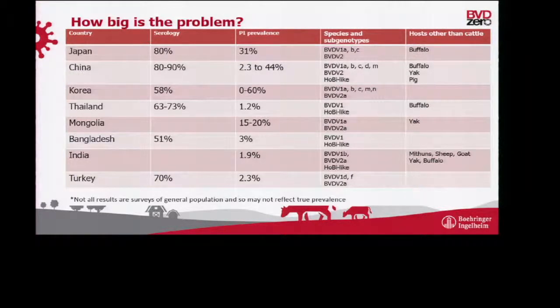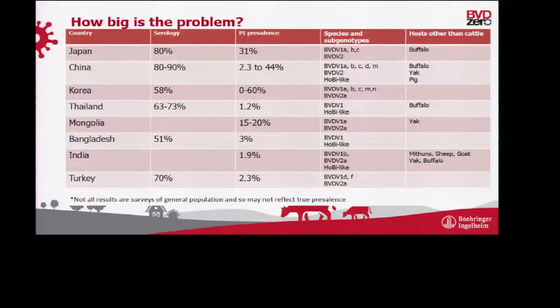But as I looked at the countries surrounding where we're having our meeting today, you can look at the serologies there and the species and subgenotypes that are present, and that you are seeing them in hosts other than cattle. The problem with going through the literature and trying to draw many conclusions is that very few of these were actually designed as real surveillance.